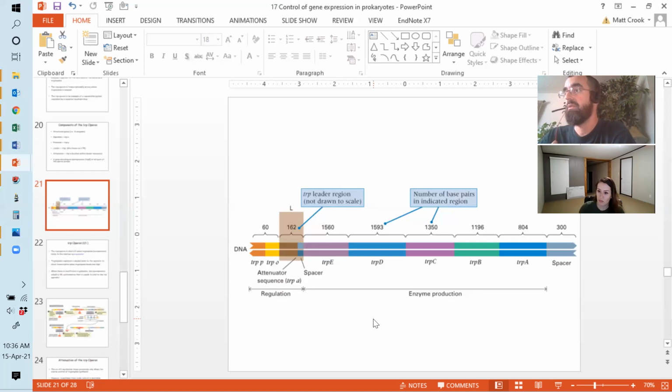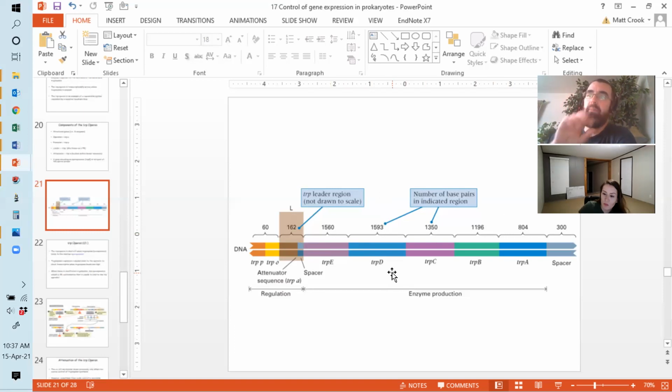Now, the consequences of that are the opposite of what you think. Okay? So if tryptophan levels are high, that polypeptide will be translated, but you don't want these genes transcribed, right?